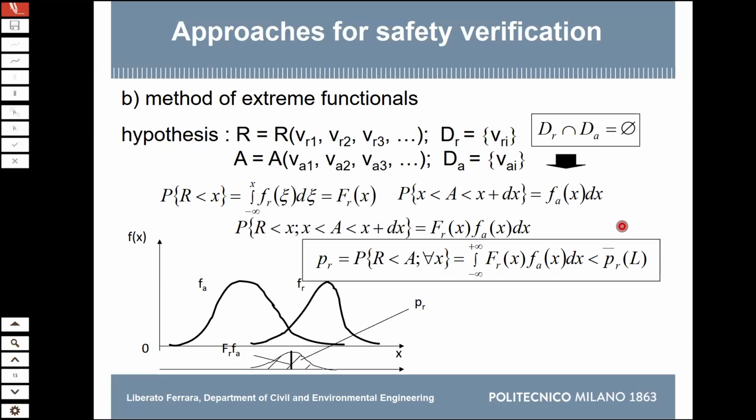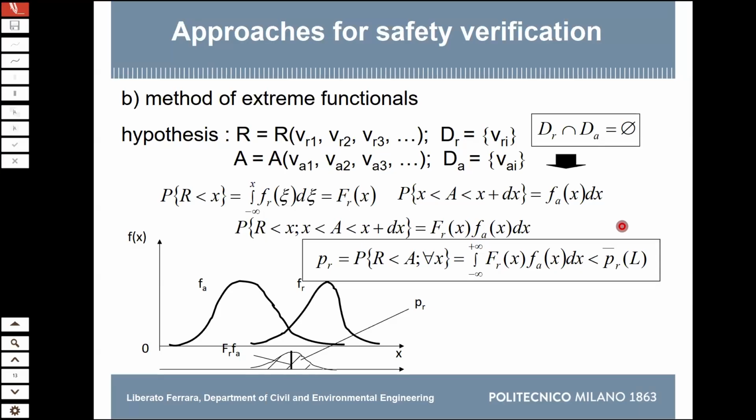So you see, the resistance depends on dimensions, the action depends on dimensions. So we make the assumption, this is the formality according to the theory, that the variables which affect the resistance are not the same which affect the action, but it's completely wrong, because the dimension of the structure affects both. But this is just to handle the problem from the mathematical point of view.